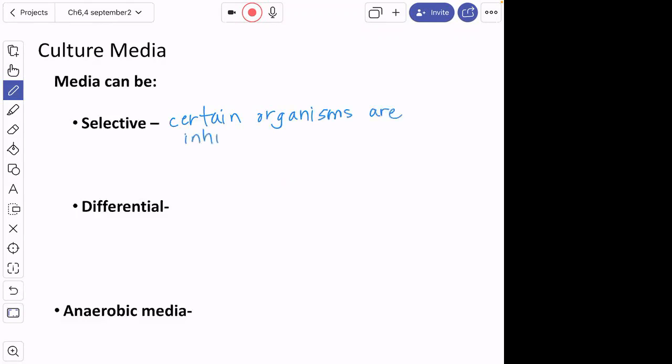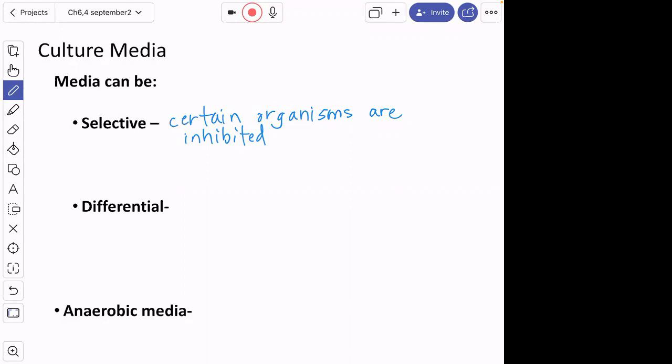There's something in the media that keeps some organisms from growing. It could be an antibiotic. It could be high salt concentration, and then only organisms that can tolerate a high salt concentration would be able to grow. Everything else would be inhibited. Okay, I'll give you an example in a minute.